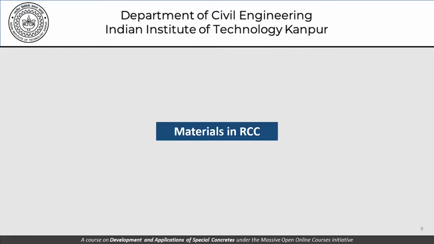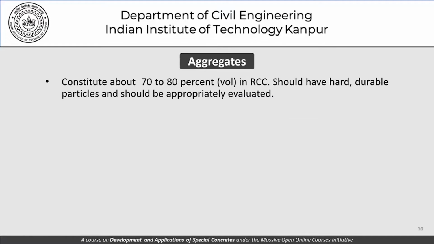As far as the materials used in this concrete are concerned, we should remember that aggregates constitute 70 to 80% by volume as far as RCC is concerned. Compare this number with the numbers that you have for normal concrete. You'll find that this number is definitely higher. And therefore the aggregates have to be hard, durable particles and should be properly evaluated.